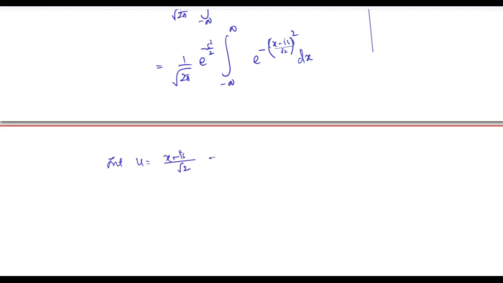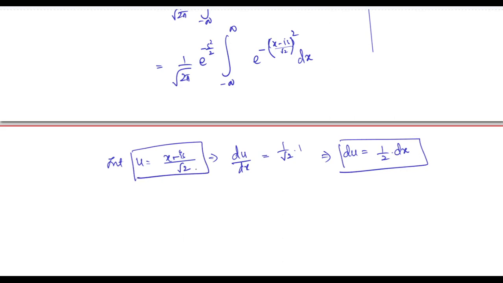and then this implies what is my du, meaning du by dx. Actually du by dx is equal to 1 by root 2 into 1, and that further implies du would be equal to 1 by root 2 times dx. So when you substitute u equal to this, you get the du. Remember, the limits are also from x equal to minus infinity to x equal to infinity, so you also have to change the limits to u.